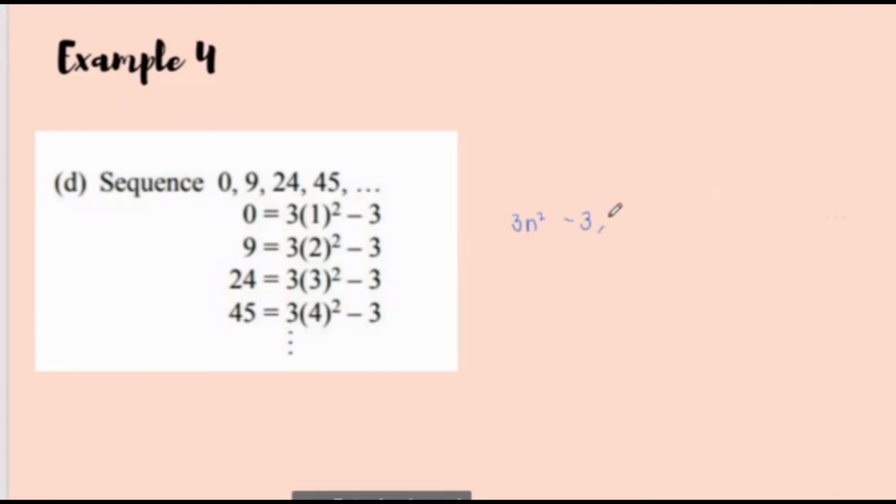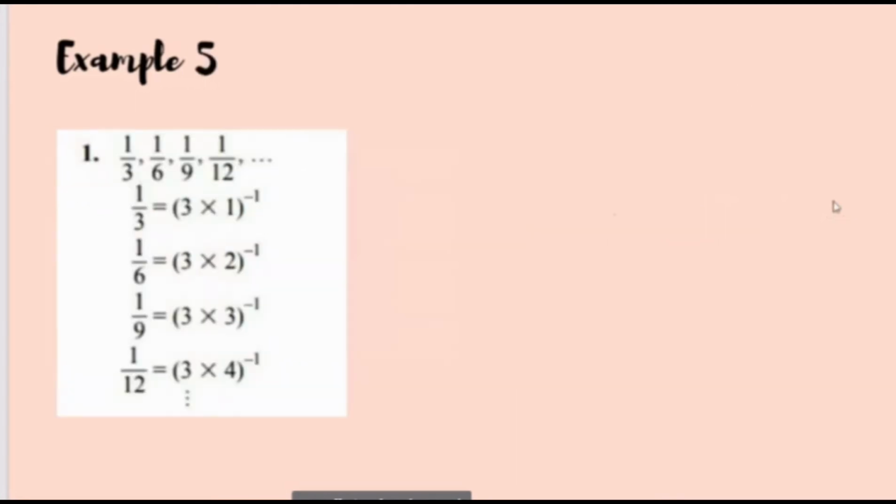And don't forget to write down the value of n, which is n equal to 1, 2, 3, 4, and so on. Okay, we move on to the next example.